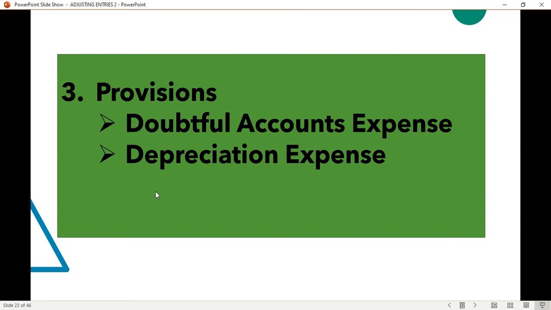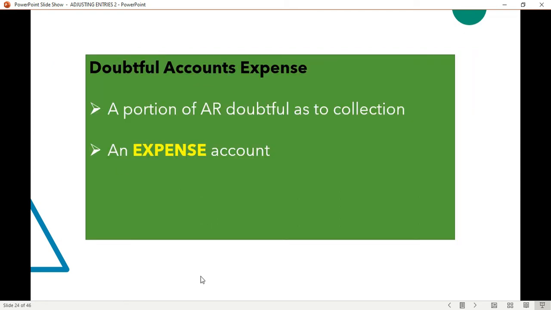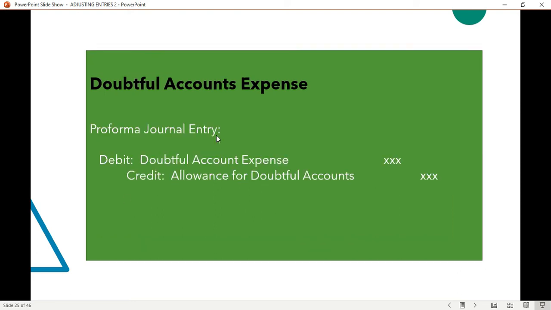Then we have provisions for doubtful accounts and depreciation expense. What is doubtful accounts expense? Doubtful accounts expense is a portion of the accounts receivable doubtful as to collection. It is an expense account. This is your pro forma entry.